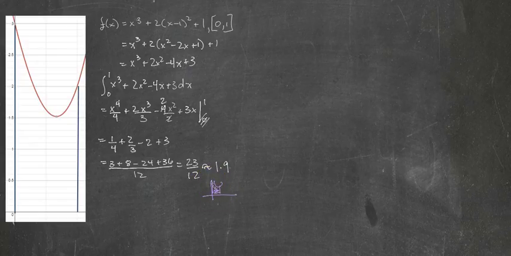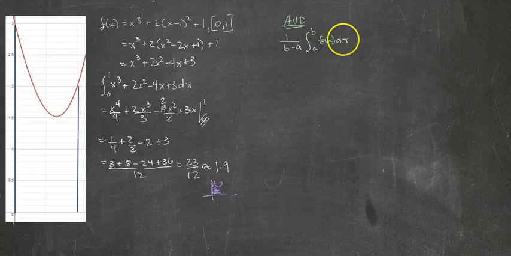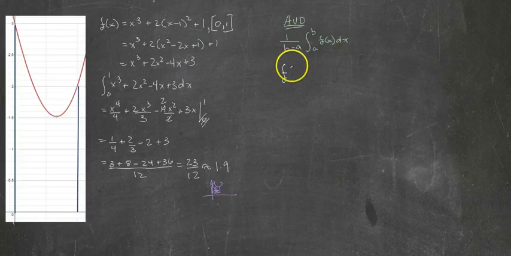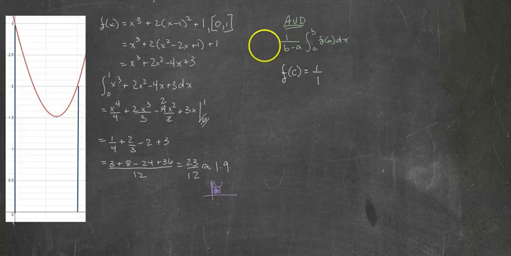equals 1.9. So let's use the average value definition to find the average value, which is 1 over b minus a times the integral from a to b of my function. And I have all these values already for this particular function, so I can just plug them in directly to find the value for f of c. So f of c equals 1 over b minus a, which is 1 over 1, times the definite integral, 1.9.